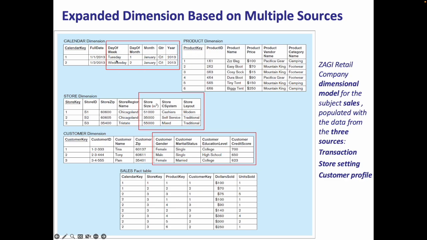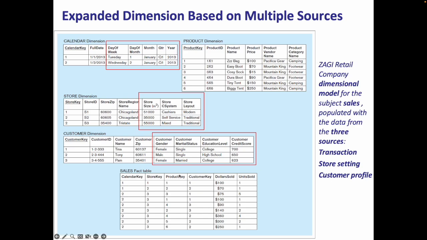Now, adding day of the week allows, for example, comparisons like which weekday has the highest sale, maybe weekends, right? Or, for example, the store system helps understand if the cashier-based store performs better, or the self-service store performs better.